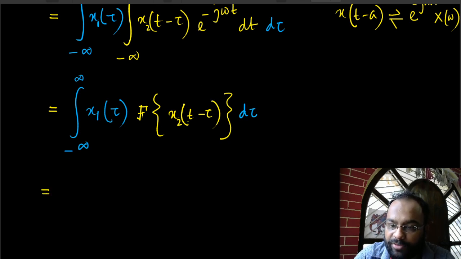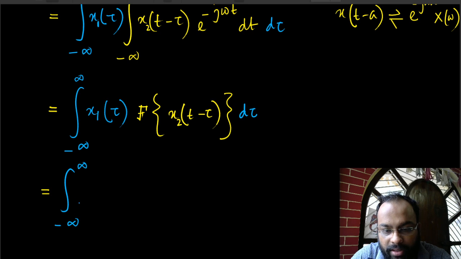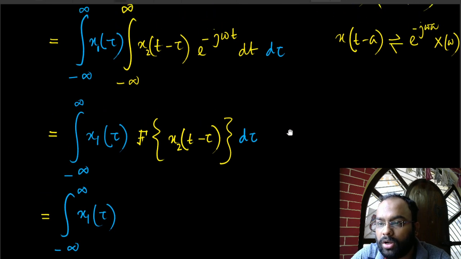So what is the Fourier transform of x2 t minus tau? Again, let's write this. This is integration from minus infinity to infinity. So I have x1 tau, and this is going to be the Fourier transform of x2 t minus tau, treated as t minus a.